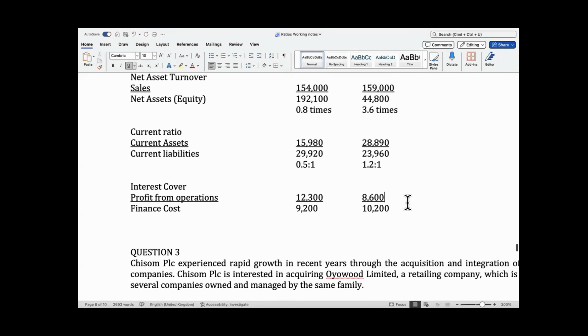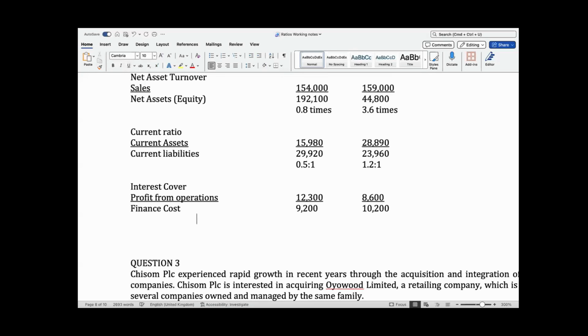So how many times? 1.3. How about this other year? The operating profit is 18,600, not 86.